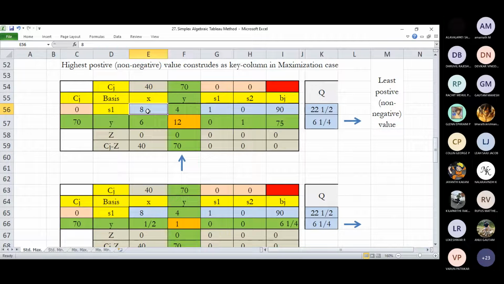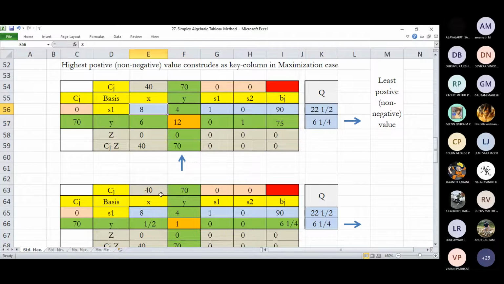That minus the corresponding element in the key column, which is 4, multiplied by its corresponding key row element, which is 6, the one adjacent to it in the key row, divided by the pivot element.